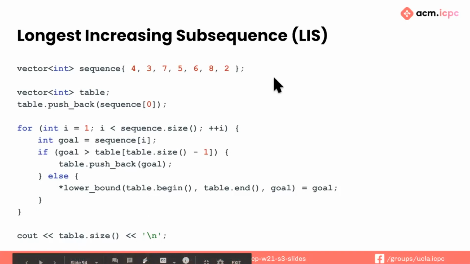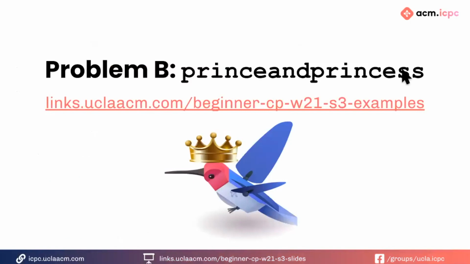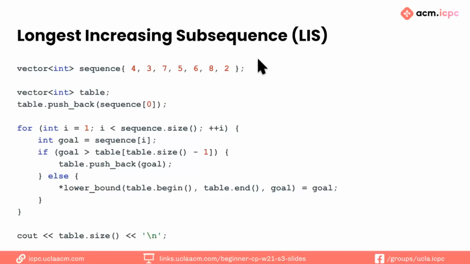Great. If there are no other questions, we can move on to our last problem for today, which is called Prince and Princess. Just to give a little bit of context, this problem is going to be pretty related to this. One of the reasons that I gave you guys this code is because this problem requires the n log n version.